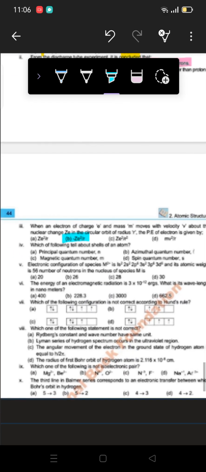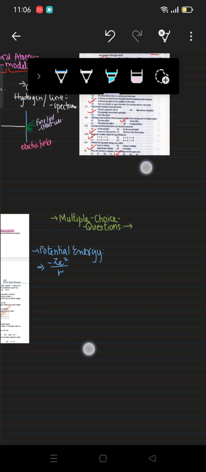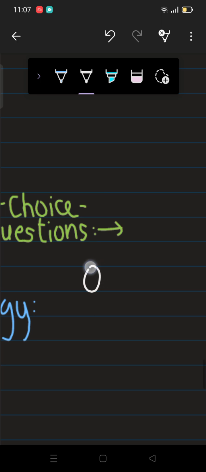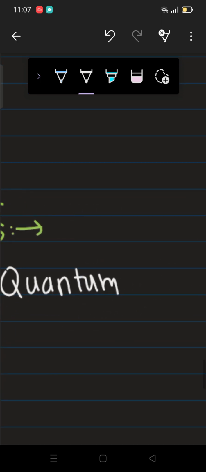Now what does the fourth MCQ ask us about? Which of the following tells about the shells of an atom? We have already discussed that we have 4 quantum numbers. Let me write this here. How many?